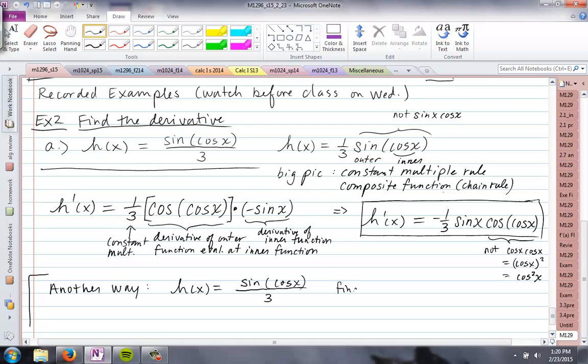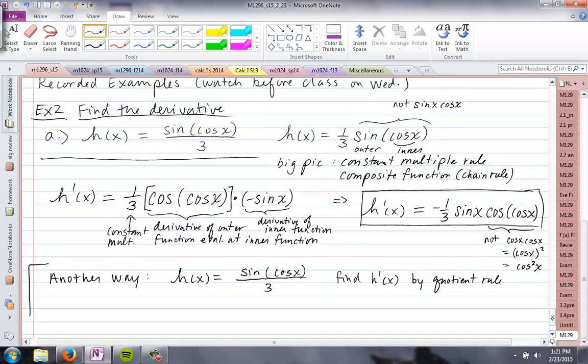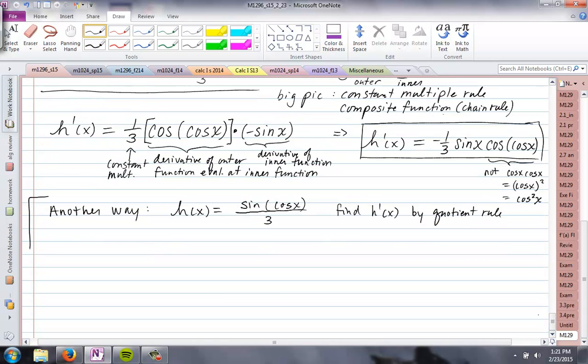So what if we just handled it this way and we found h prime of x by using the quotient rule? I'll show you what happens. So here we'd have our h prime of x being equal to g f prime minus f g prime over g squared, where the top is our f and our bottom is g.